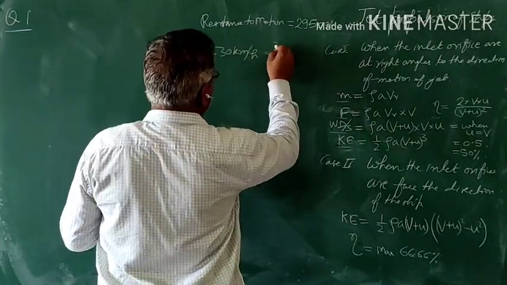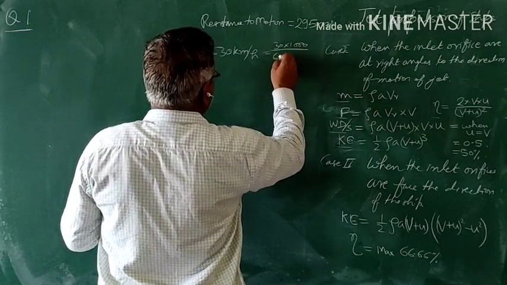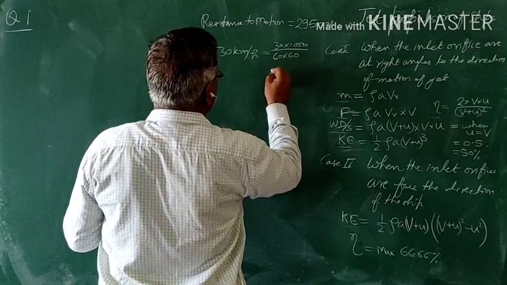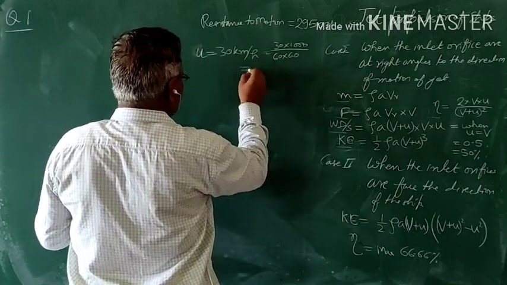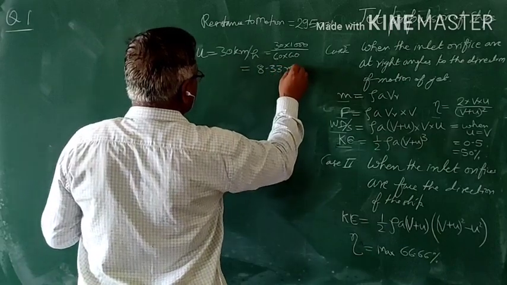So it is 30 into 1000, that is meters per hour, divided by 60, divided by 60. So it is equal to 8.33 meter per second.